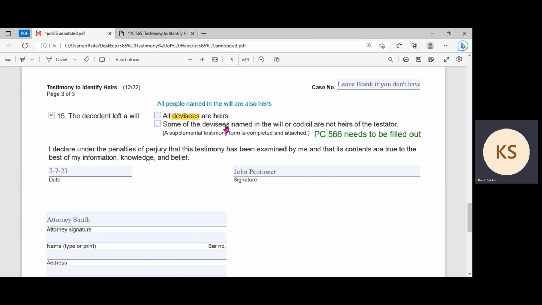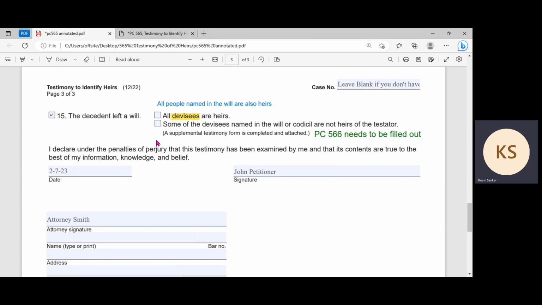And so sometimes someone is entitled to receive pursuant to a will, even though they're not an heir. So if the second box applies, some of the devisees named in the will or codicil are not heirs of the testator. You're going to need to fill out form PC 566 and include that as part of the application or petition. And real quick, a codicil is an amendment to a will, and that may be applicable to your situation.